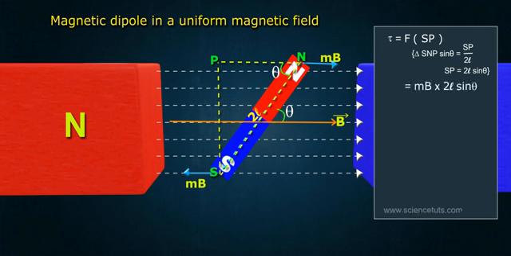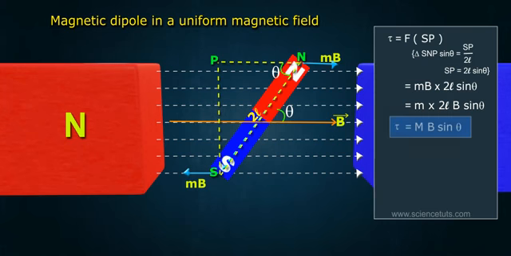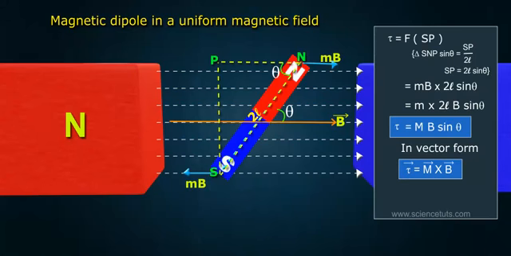So tau is equal to mB into 2l sin theta is equal to m into 2l B sin theta. Tau is equal to MB sin theta. In vector form, tau bar is equal to M bar cross B bar.